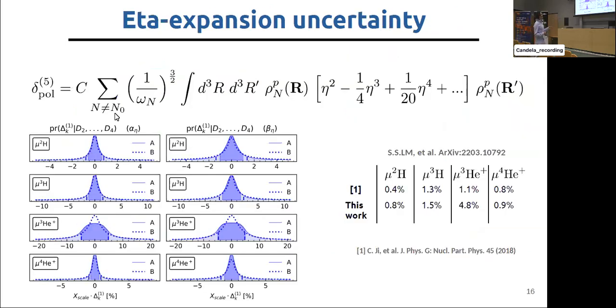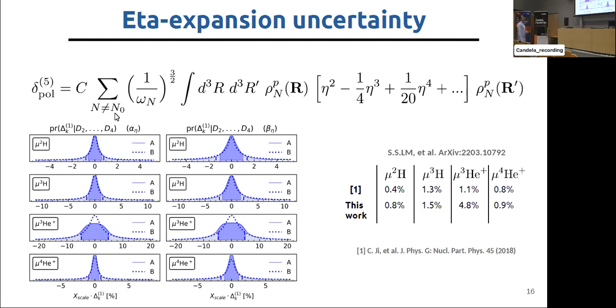Now, about these dots, this is one of the intermediate steps to get to the final results. And I need to show you this because the uncertainty coming from the nuclear model is not, of course, the only source of uncertainty. There are other sources, and one important contribution is the so-called eta-expansion uncertainty.